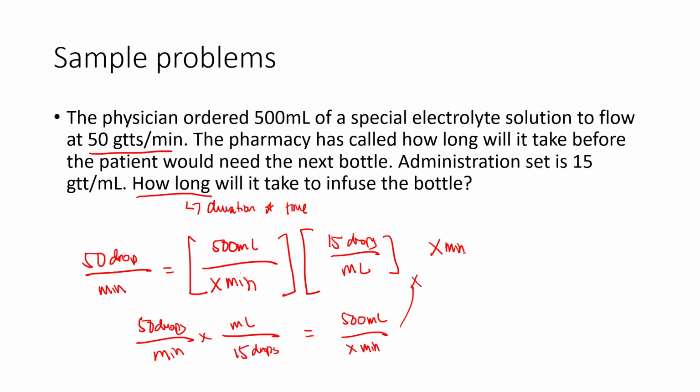X minutes equals 500 ml over 50 drops per minute times ml over 15 drops. X minutes is... You should get your calculator and calculate. You can pause the video if you like to get it for yourself.